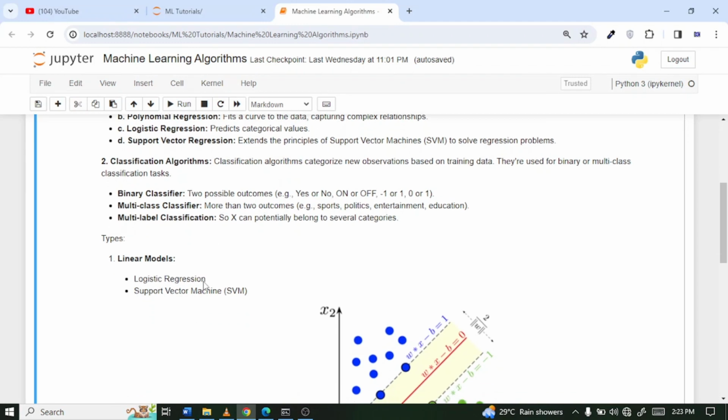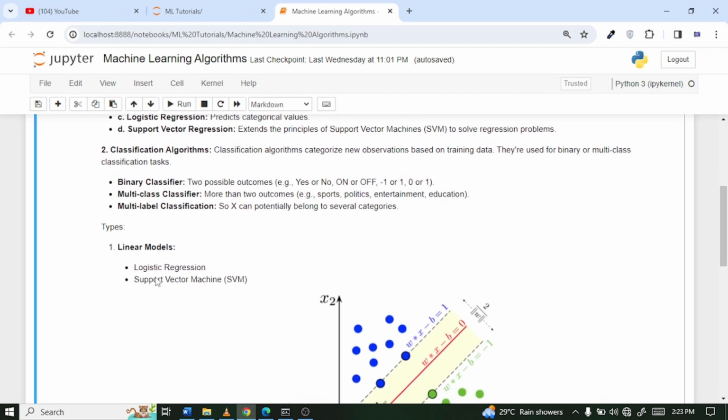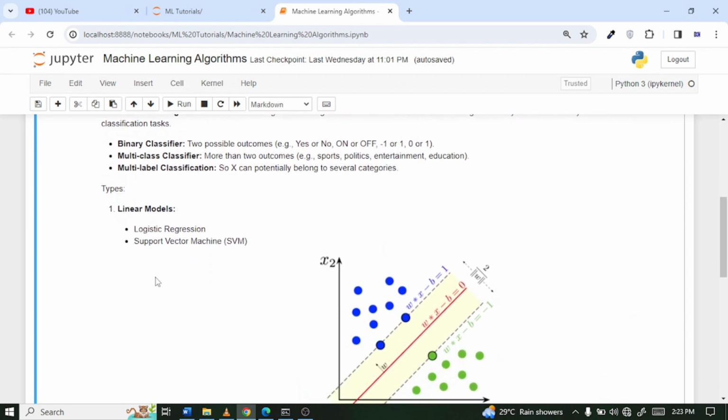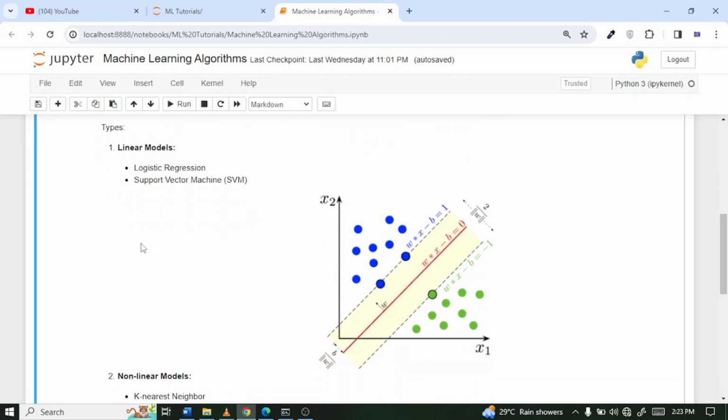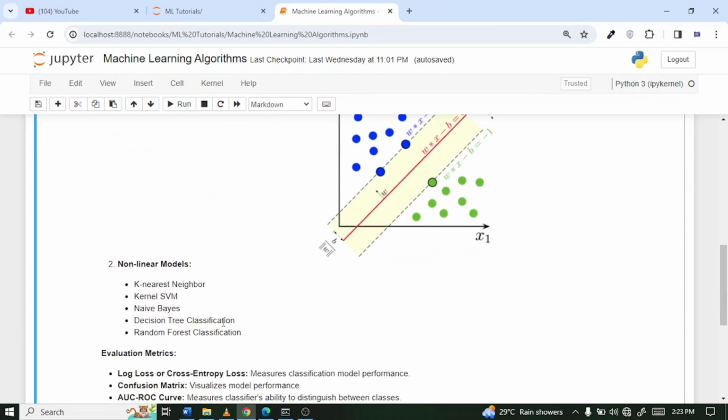Now let's move on to some types. Okay. For linear models, we have logistic regression. Okay. We have support vector machine, which uses a hyperplane separator to separate data sets. Okay. So it creates some boundaries, and based on that, you can categorize an input into any of these categories. Okay. And we also have nonlinear models.